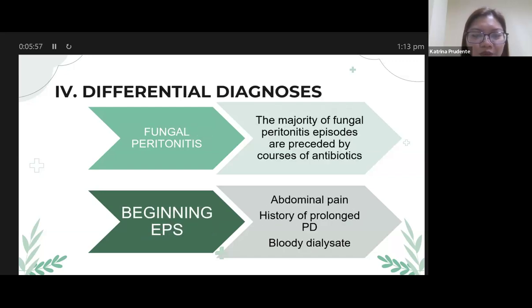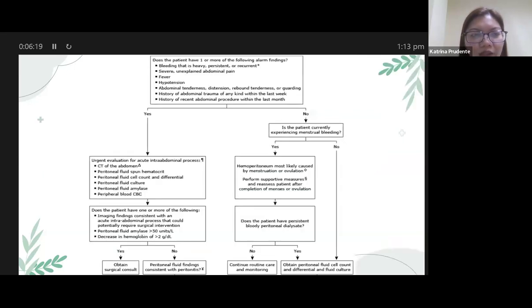Fungal peritonitis was also considered when patients had previous episodes of antibiotic use due to bacterial peritonitis. And at this time, we were also already considering beginning EPS because of the recurrent abdominal pain, history of prolonged PD, and of course, history of recurrent PD peritonitis and the presence of a bloody dialysate.